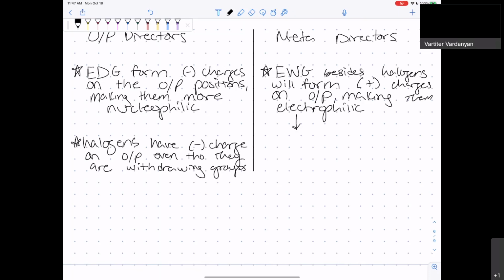Do this little arrow because that's how my brain works. And that makes the meta position more nucleophilic by comparison.